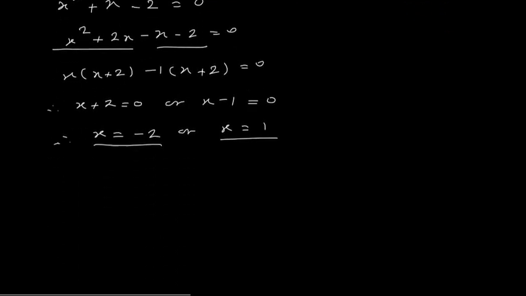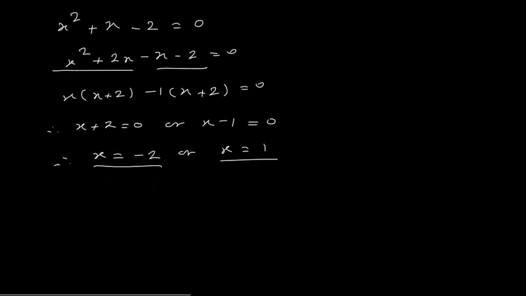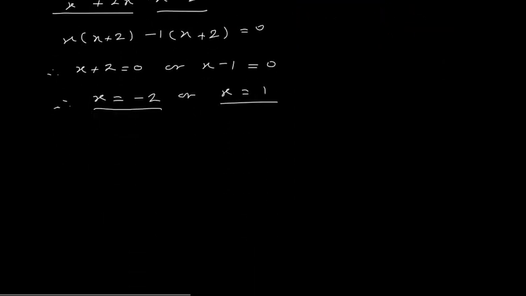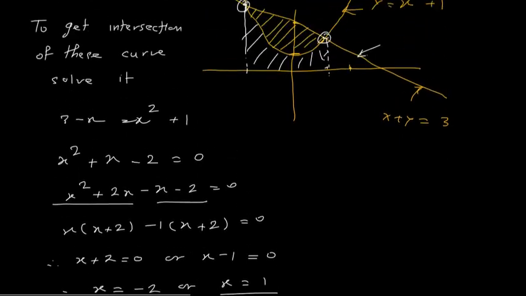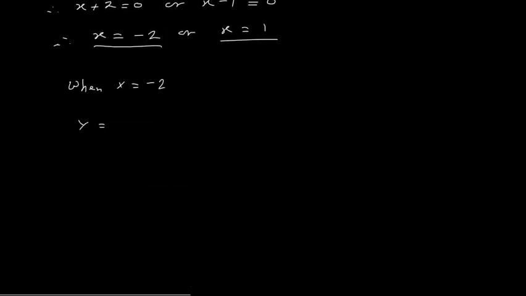Now when x is minus 2, actually I don't require y coordinate, but okay, fine, no problem. We will say that when x is minus 2, in any of the equation I will put, so x plus y is 3. When x is minus 2, y will become 5, and when you have x is equals to 1, you get y is equals to 2.